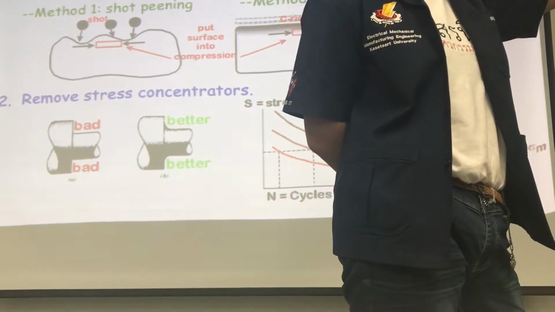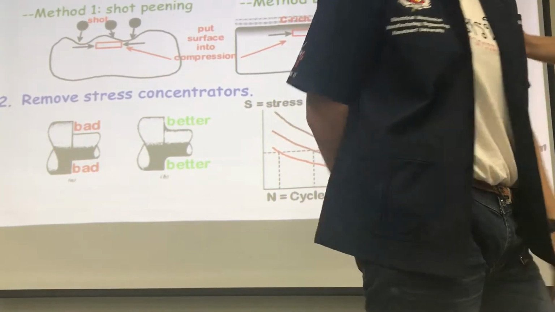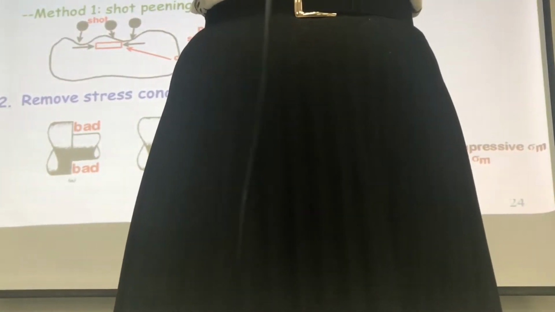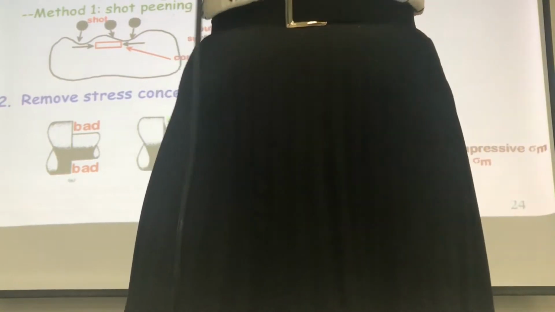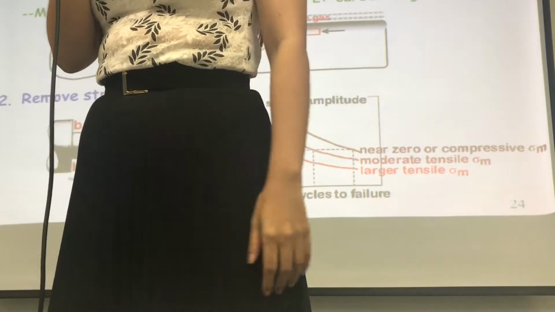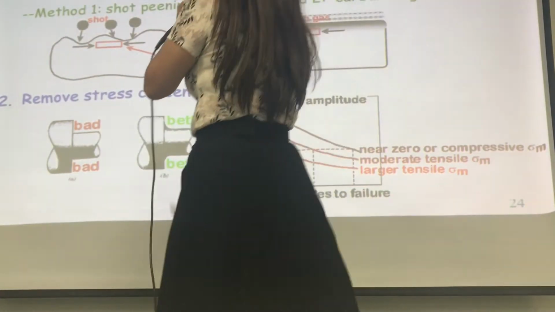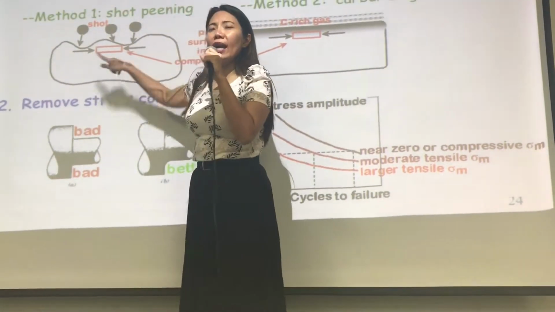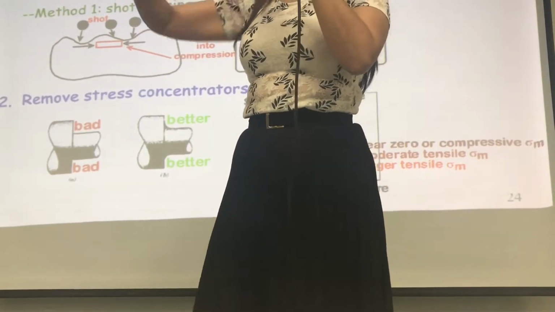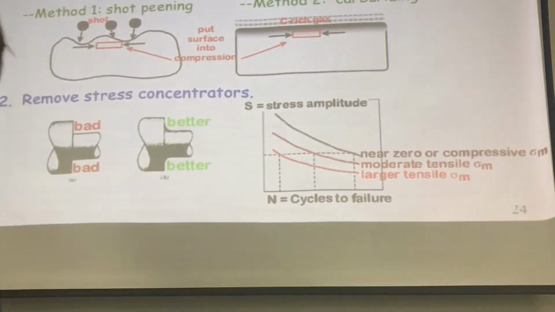Not grow. In this case, what we want is for the crack not to get larger, so we like compressive. Shot peening is to introduce compressive stress onto the surface of the material.